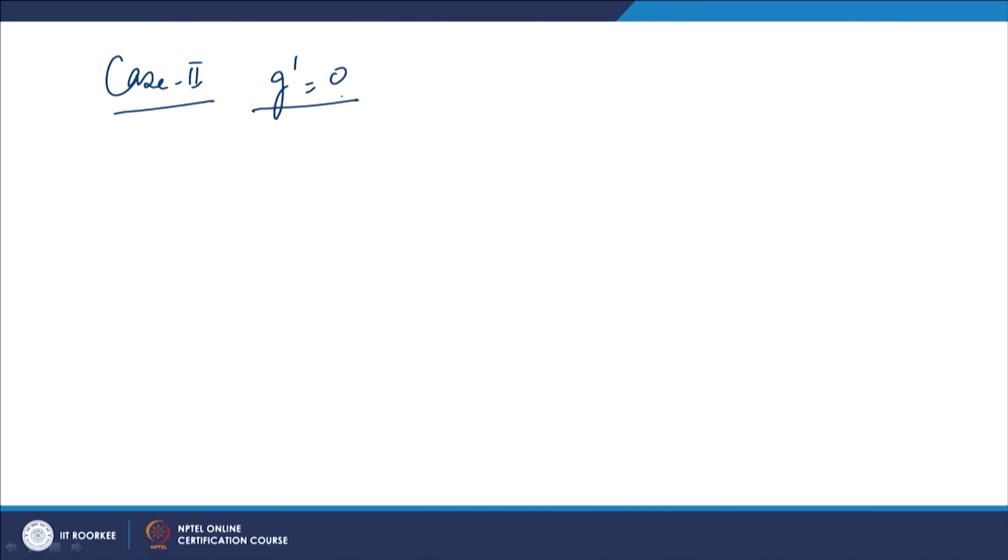Now, the second case may be that sometimes your g prime is 0. So, g prime 0 means that 1 plus i is equal to 1 plus g. So, basically your i is equal to g. Now, in that case we are talking about P by A, g prime, n, so it will be P by A, 0, n.